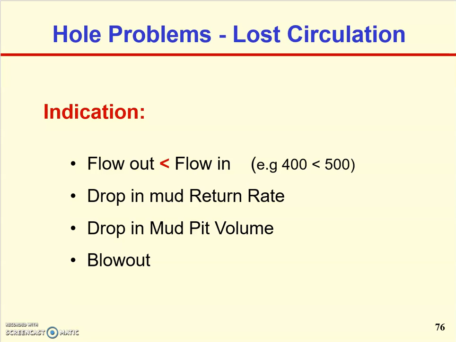Another indication is that you have a drop in the mud return rate. You have a drop in mud pit volume, and of course, if that happens, you need to be careful, because a blowout may happen because it drops the hydrostatic pressure of your drilling fluid inside the wellbore, because you lost some mud into the formations.